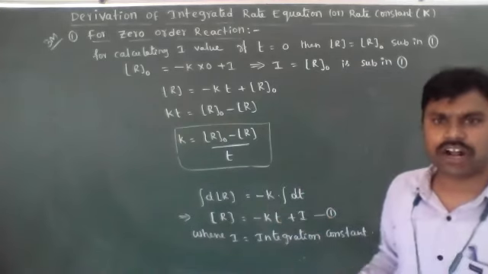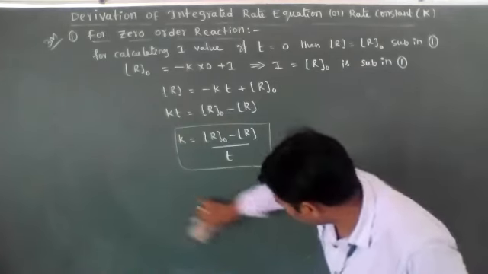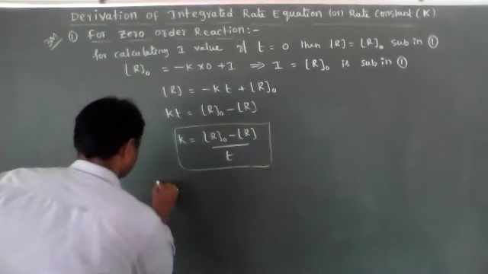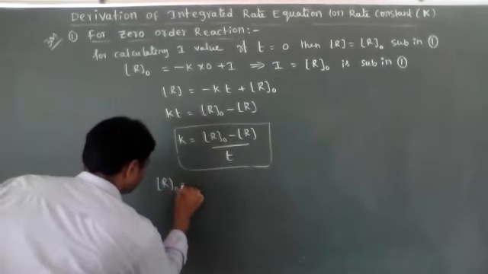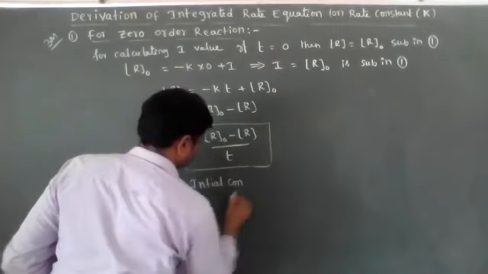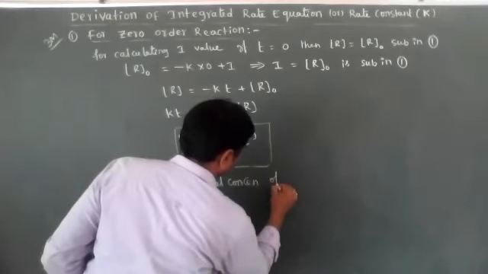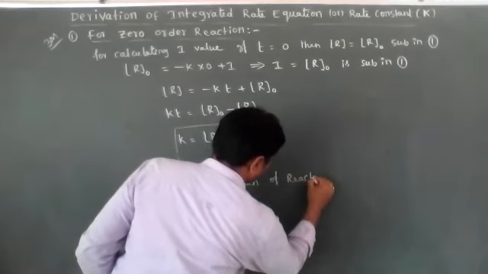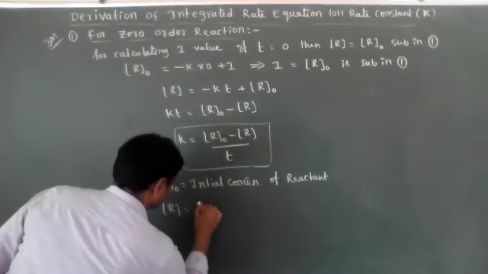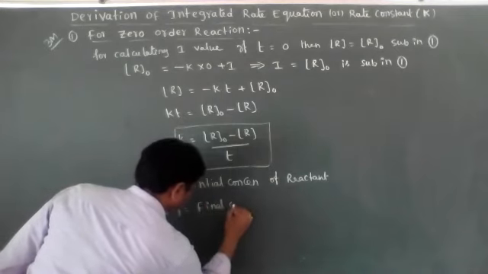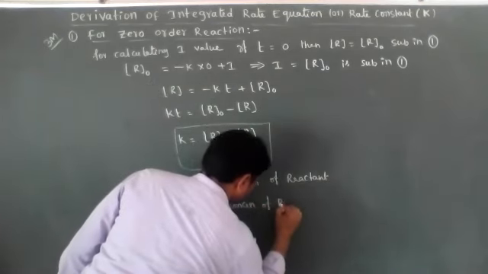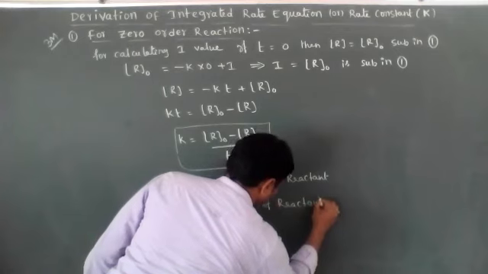This rate constant for a zero order reaction we can write in another way also. What is the other way? Just see, for example, R0 is equal to the initial concentration of reactant, and R is equal to the final concentration of reactant.